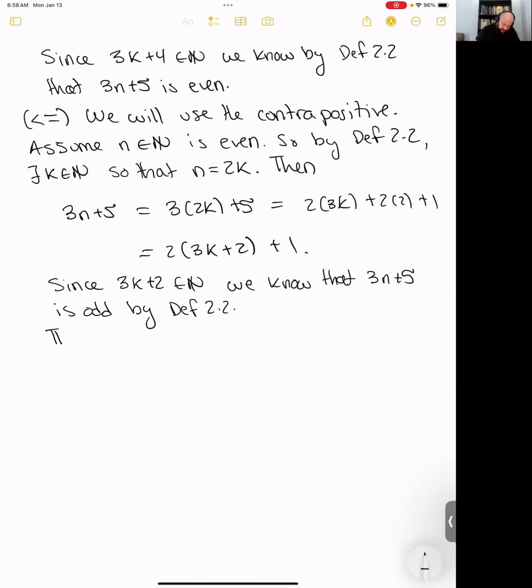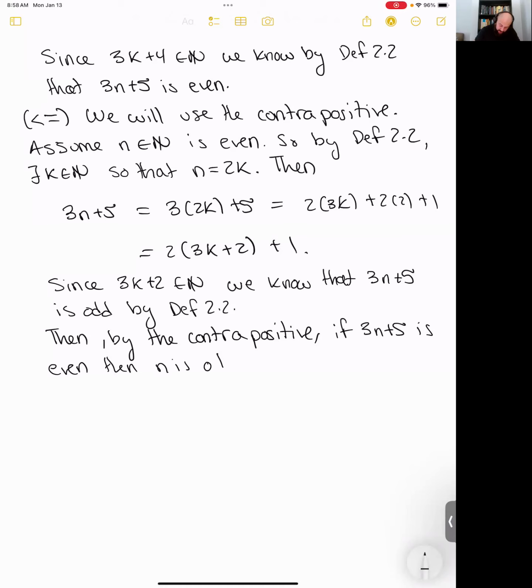So then by the contrapositive, if 3n plus 5 is even, then n is odd. Perfect. That's the end of the proof.